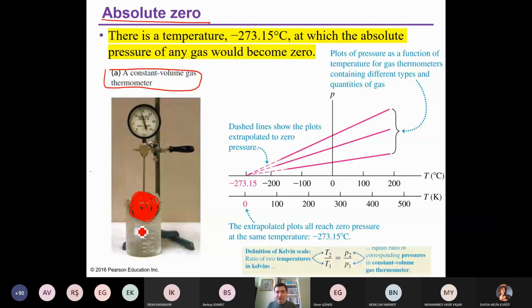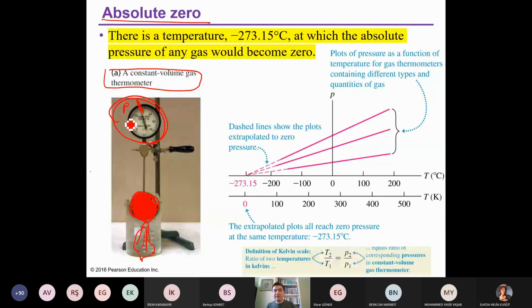And you increase the temperature of this gas within this volume. So then what will happen? The pressure measured here in the pressure gauge will increase if you increase the temperature. If you increase the temperature of this gas within this constant volume, then the pressure of the gas will increase and you will see the certain pressure here. This is the pressure gauge.